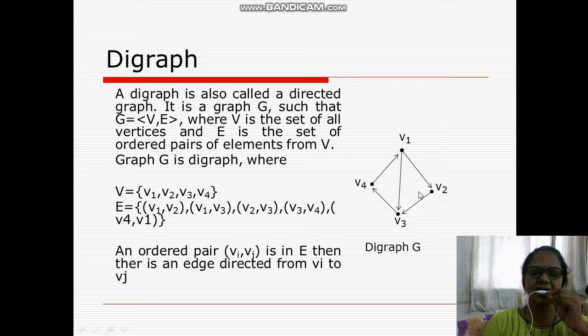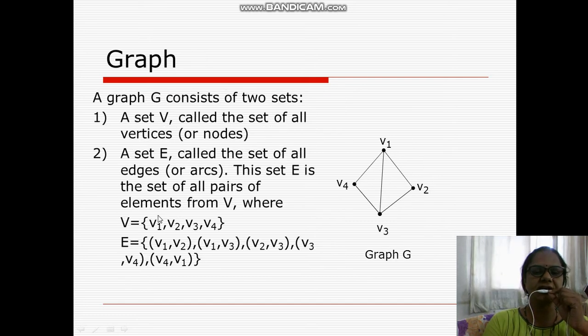That is called a digraph, a directed graph. Remember that this pair should only be written like V1 comma V2. It cannot be written like V2 comma V1.